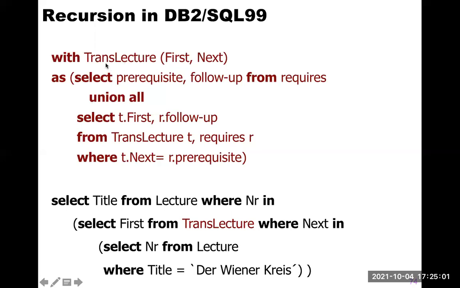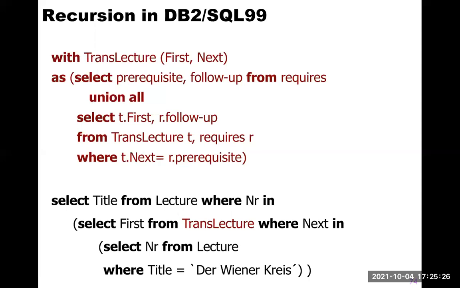And that common table, called translecture here, is a virtual table. We want to define a new table. We have base tables, lecture, requires, and so on. Let's describe a new table, just define it. We may not materialize it.